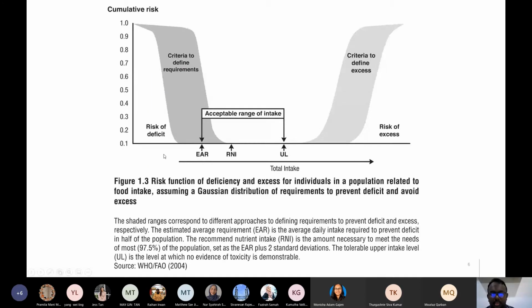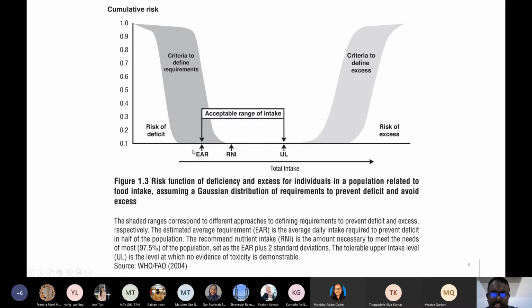Lower intake means risk for deficit, and higher intake means risk for excess intake. And these are the cumulative risks for disease. EAR, RNI, and upper level are considered to be in the acceptable range of intake. So we will see what is EAR, RNI, and UL upper level after this.